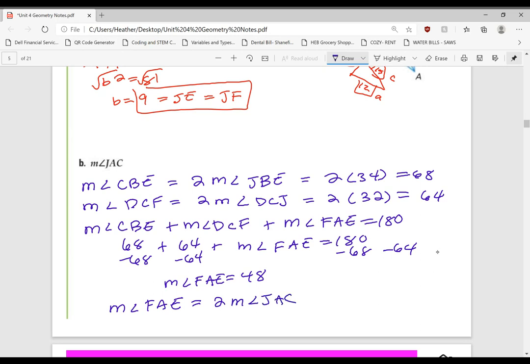So we divide both sides by 2, and the measure of angle JAC is equal to 24.